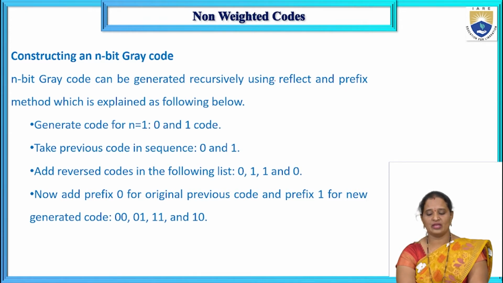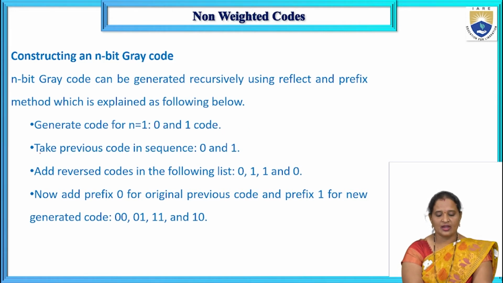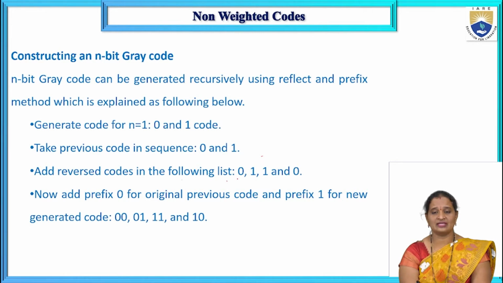I hope you know the meaning of reflect. Reflection means mirror image. So here is the reflect and prefix method, which I'm going to explain now. Generate the code for n equal to 1, with 0 and 1. Take the previous code in sequence, 0 and 1, and reverse the codes in the following list: 0, 1, 1 and 0.